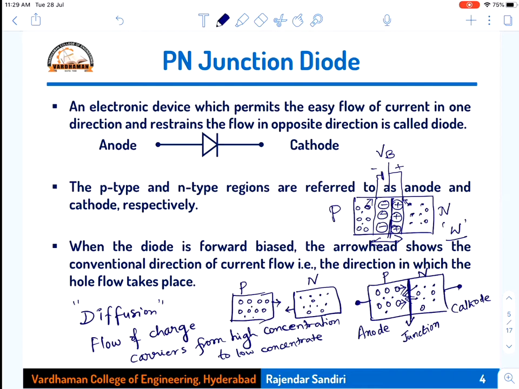You have to correlate this analogy with the PN junction. All the soldiers come towards each other to start the war, standing in rows: first row, second row, third row, all standing in order.